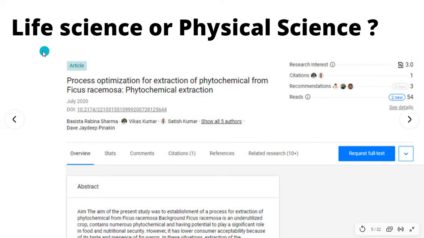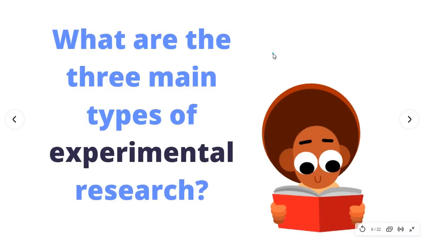So actually this could be a life science research, but if you think about it, the type of research we'd like to explore is the process of extracting the phytochemical. This is more of the procedure and more on the chemicals of the plant itself. So this is more on the physical science research side.